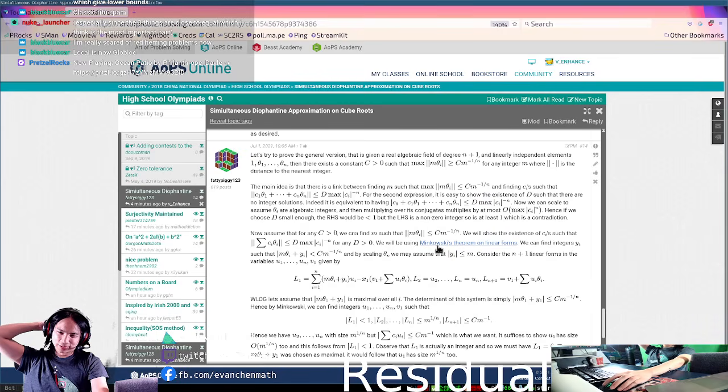Okay, yeah, here's a conceptual solution using Minkowski's theorem on linear forms. There exists a constant. Wow. Oh no, there's a typo here.